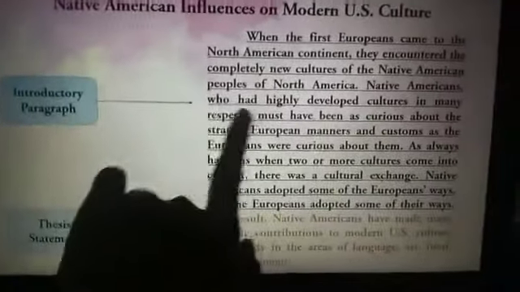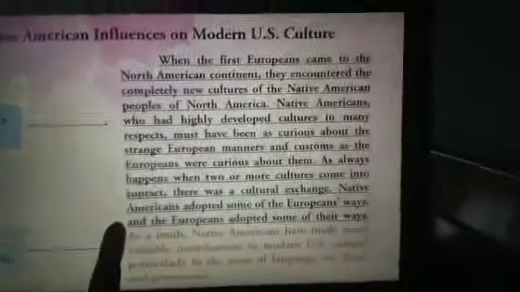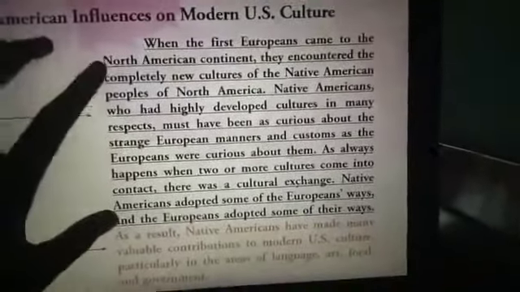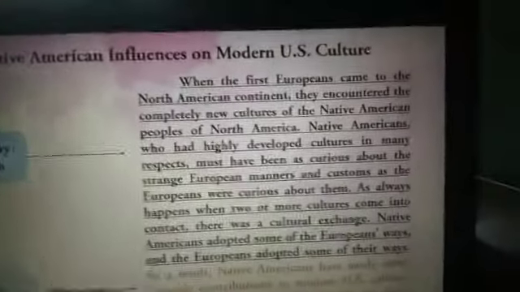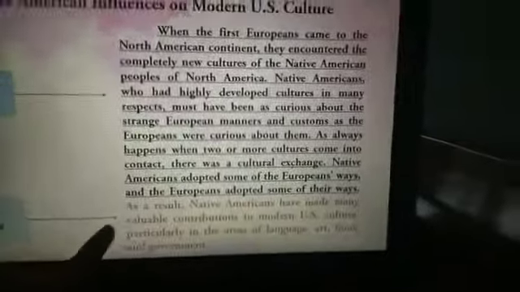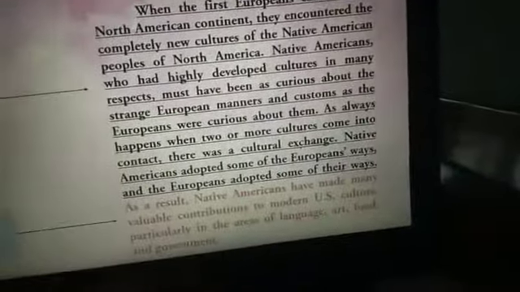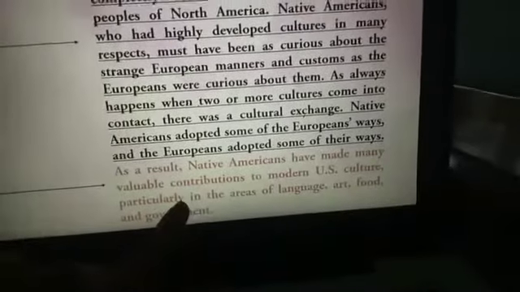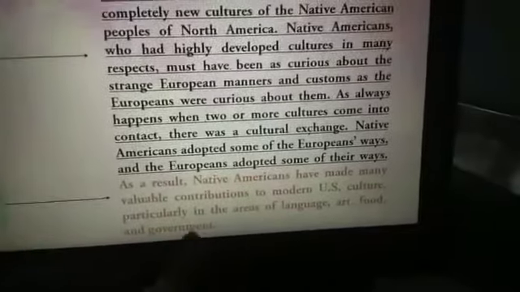You can see the general statements is from this until this. It explains more generally the introduction of the essay, and this is the thesis statement. It's more specific, like you can see, particularly in the areas of language, art, food, and government.